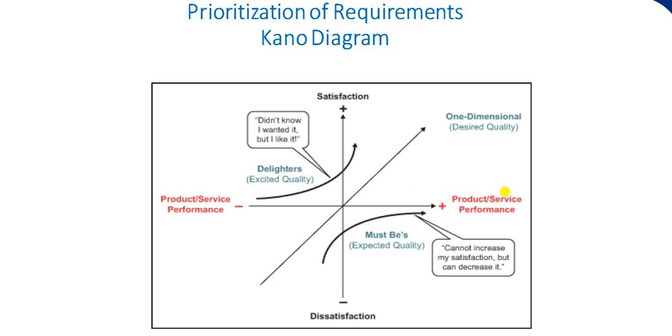When you have a set of requirements, you can broadly categorize like this, and those which are must be you can implement in the beginning, you can put them at the highest priority. Then you can add some new features, something more that will create goodwill in the customer, and then finally you can surprise him, you can make him very happy and delighted by giving what he was not expecting. So this is how you can categorize and take the help of the Kano diagram to prioritize.